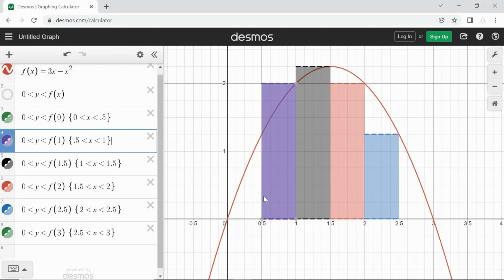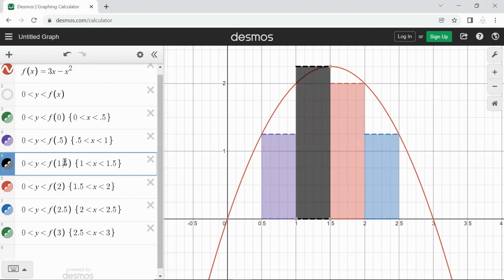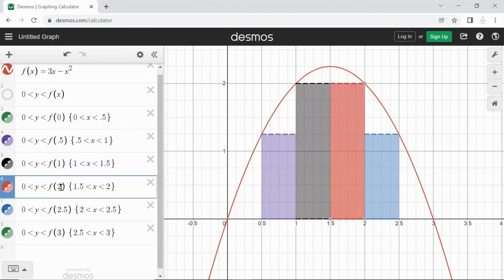On this purple interval, I would have used a purple rectangle. I would have used 0.5 because that's the left-hand value. On this black rectangle, I would have used 1. On the red rectangle, I would have used 1.5.